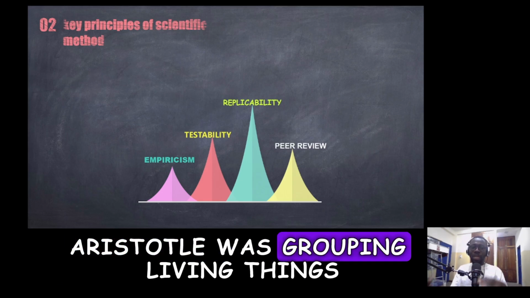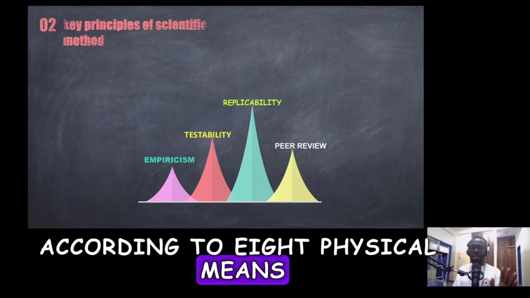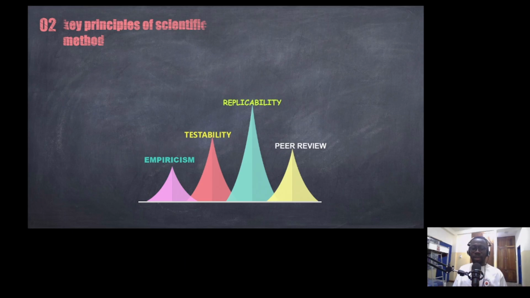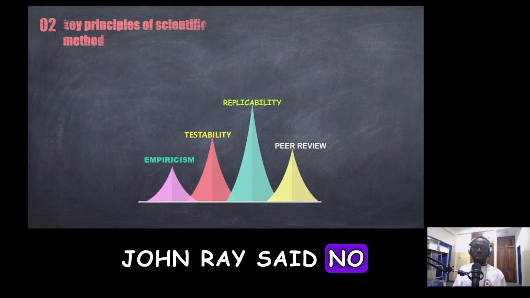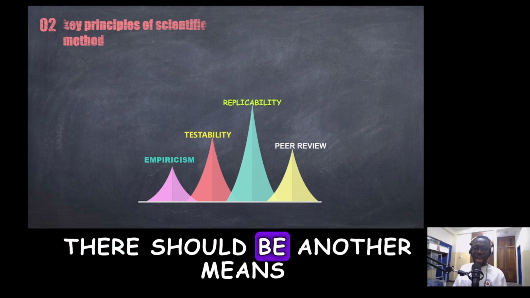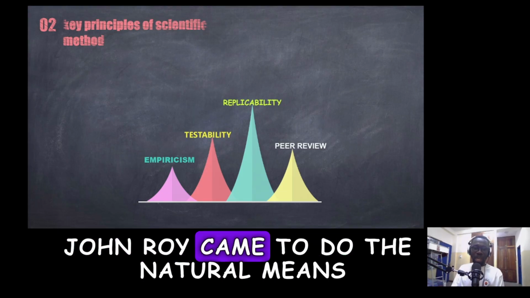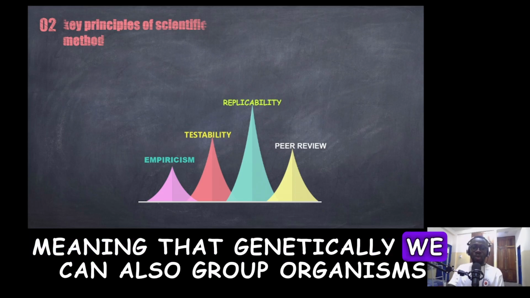Aristotle was grouping living things according to their physical means or how the organism moves, sometimes their habitats. But when Carolus Linnaeus came, or even John Ray, they said no, there should be another means. So Aristotle was using the artificial means. John Ray came to use the natural means, meaning that genetically we can also group organisms.